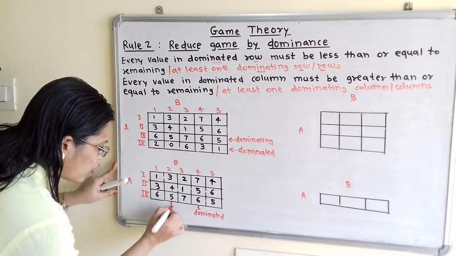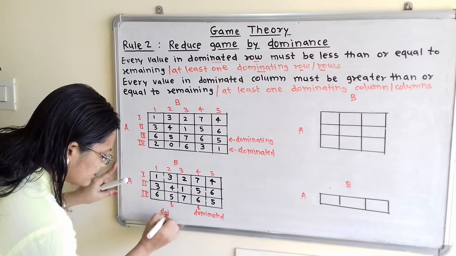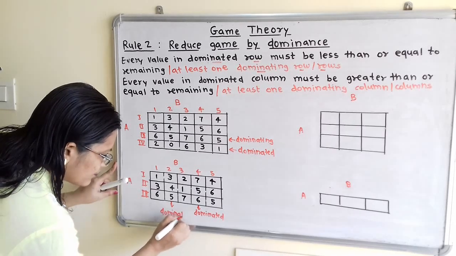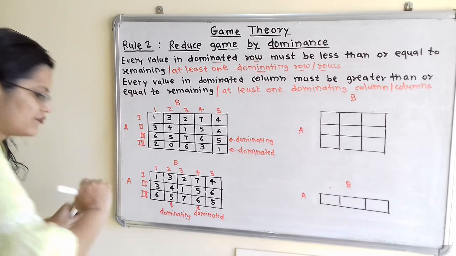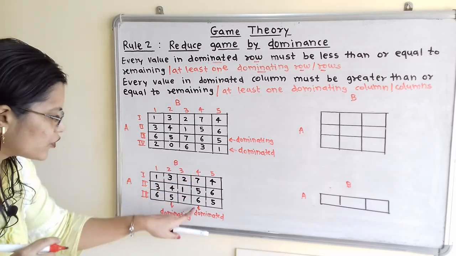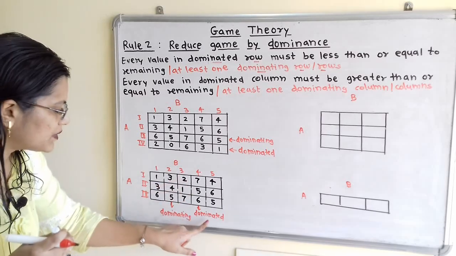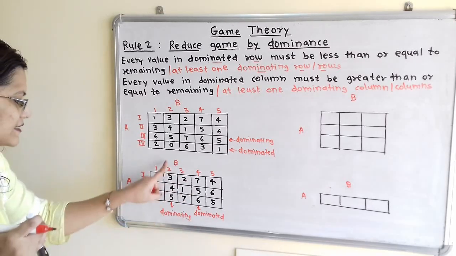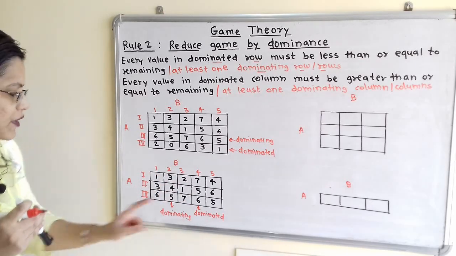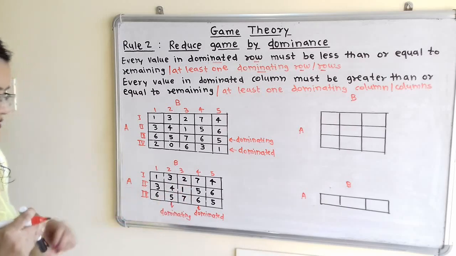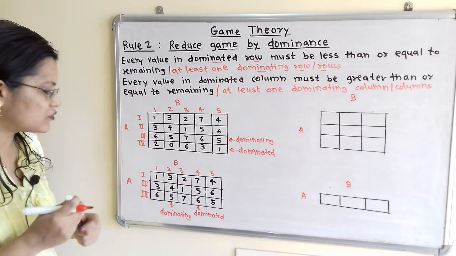So this will be the dominating column. We can remove this fourth column because it is dominated by the second column, since all the values are greater, or equal, which is also possible.